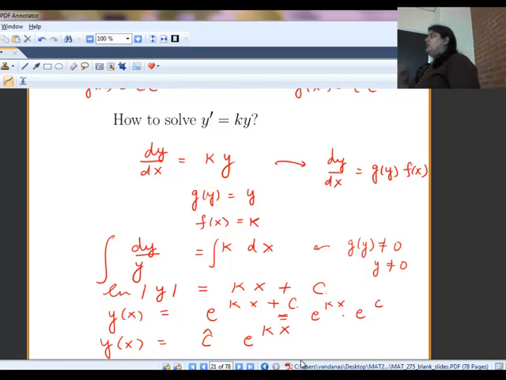So you might question at this point, will it affect the uniqueness of a solution, right? If I was given an initial condition in this problem together with this differential equation, say y at something, and one of you takes this form and another takes this form, will you get the same solution?